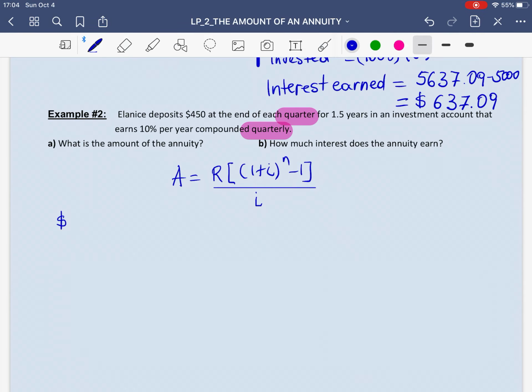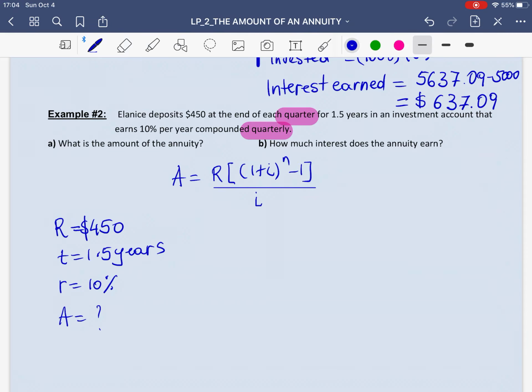So the amount of money invested is regular payments of $450. She's investing every quarter for a time of 1.5 years. And she's going to earn 10%. That's a very high interest rate. It's very hard to find these interest rates nowadays. And it's compounded quarterly, so we will need to find out how much she earns at the end.